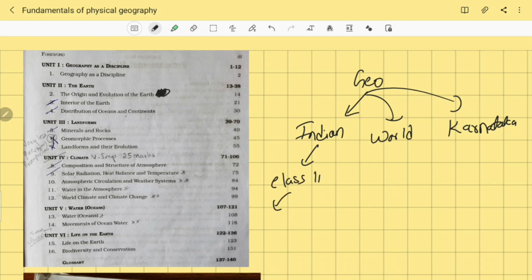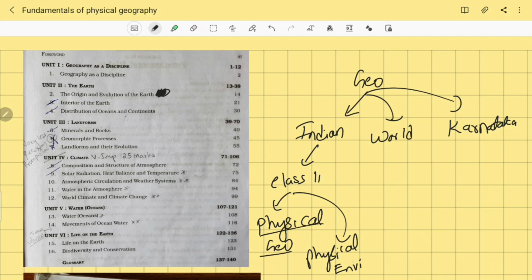One is physical geography, and the second one is physical environment. First, we'll complete physical geography, then we will move on to physical environment.